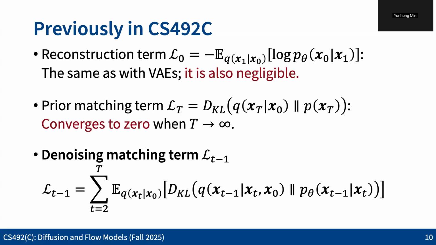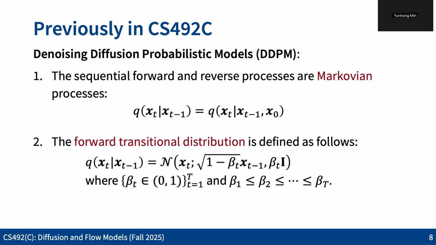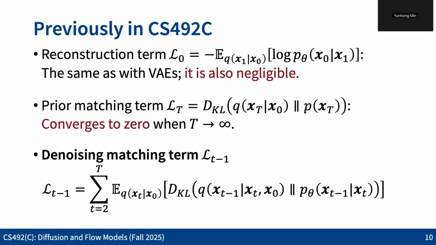The second thing is this prior matching term. The good thing about defining the forward transition distribution in the way that we have seen in the previous slide is that it naturally minimizes this to be zero, especially when you have lots of time steps in both the forward and reverse processes. This goes down to zero by our definition of the forward transition distribution.